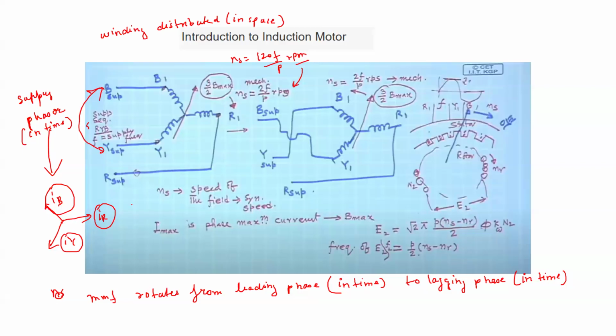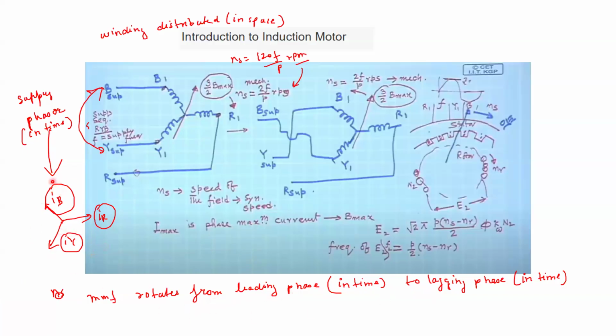So this is the phasor diagram, but what is happening here? The R phase winding is getting IR, that remains the same, but the B phase winding is now getting IY. As I said, the MMF rotates from the leading phase to the lagging phase.